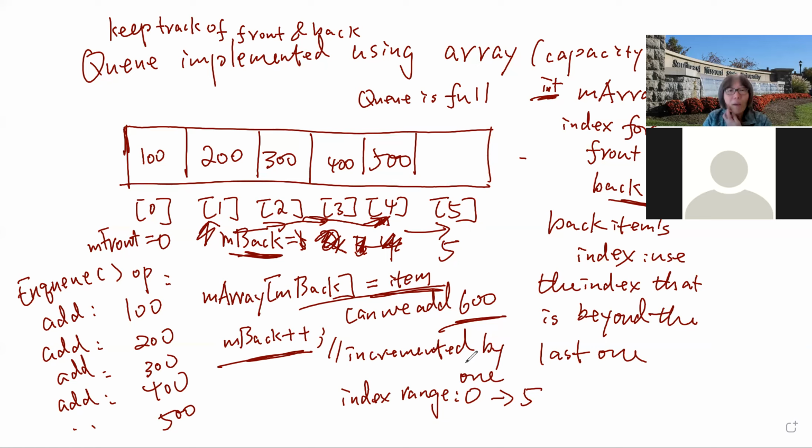So we understand how enqueue works. Now it's full, so there is no way to add. But we can remove. So next, let's see how we are going to remove. We want to remove 100.